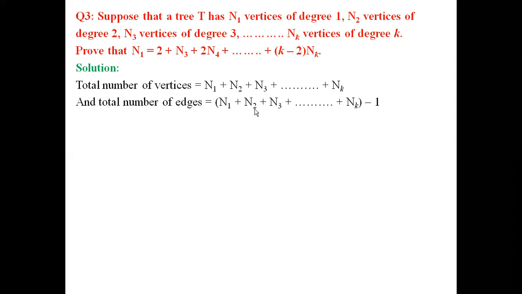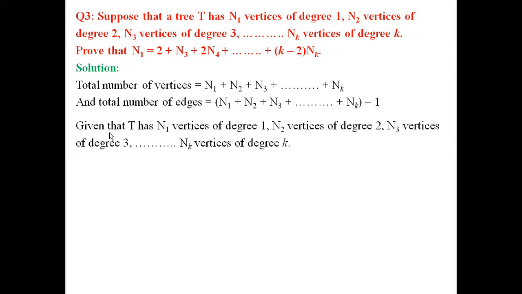So n1 plus n2 plus n3 etc. up to nk, the whole thing minus 1, gives us the total number of edges in the tree. Given that T has n1 vertices of degree 1, n2 vertices of degree 2, n3 vertices of degree 3, etc. up to nk vertices of degree k.